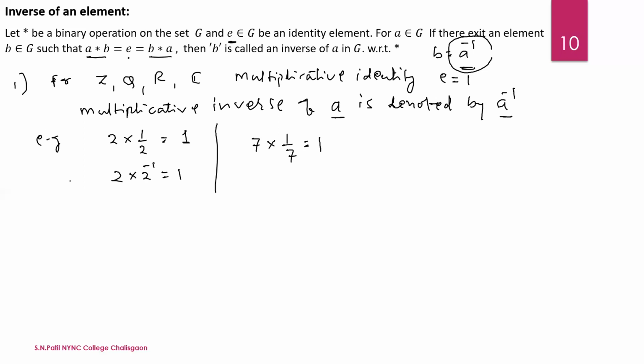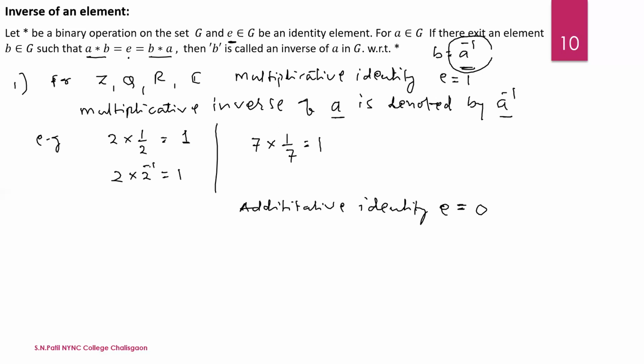So in this way we discuss the inverse of an element. This was multiplication; now addition. In addition, the additive identity E is equal to 0.